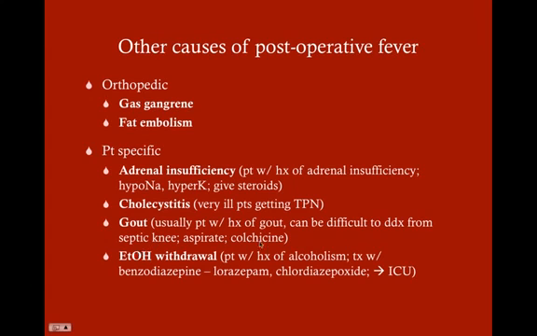ETOH withdrawal, alcohol withdrawal, this goes to any patient who is in the hospital who is an alcoholic, who abuses alcohol. Patients with history of alcoholism, you treat them with a benzodiazepine. Normally you use lorazepam or chlordiazepoxide. And what you see in alcohol withdrawal is tremulousness, hypertension, tachycardia, tachypnea.